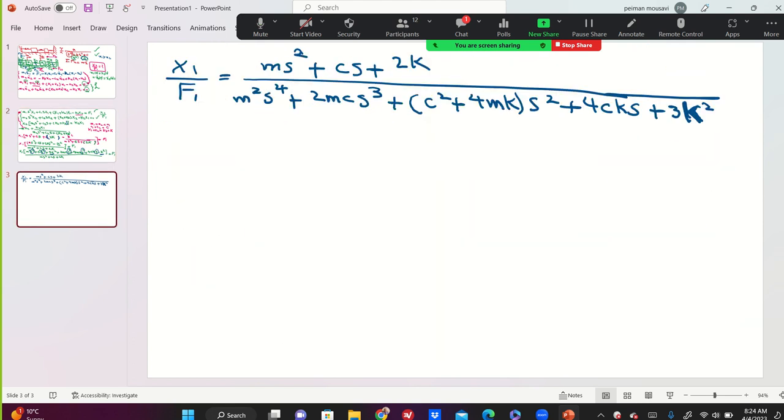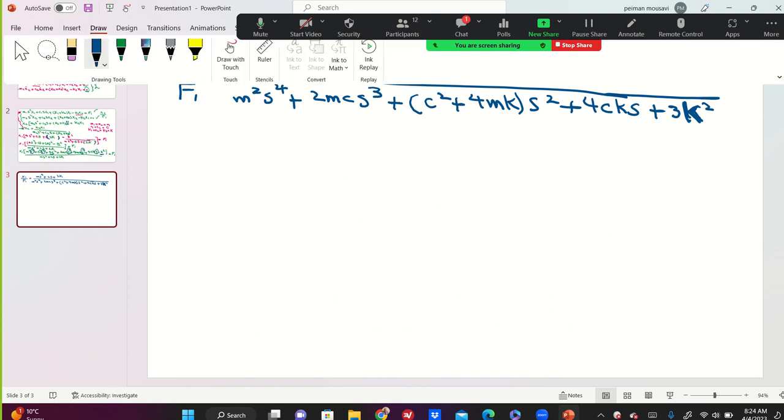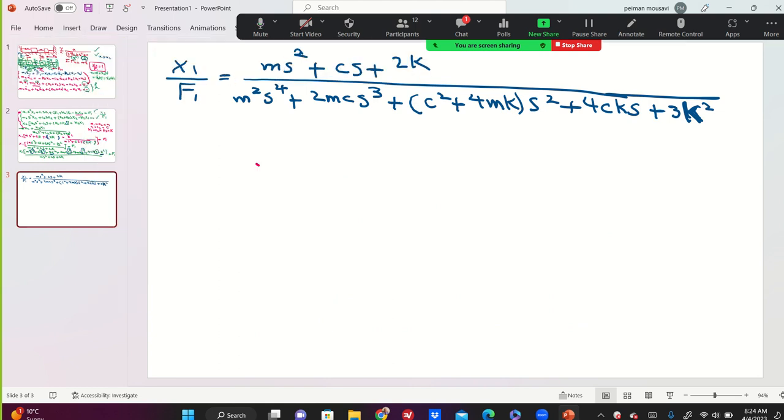Yes. And now, as you can see, we have all the terms: s4, s cube, s squared, s, and a constant number.